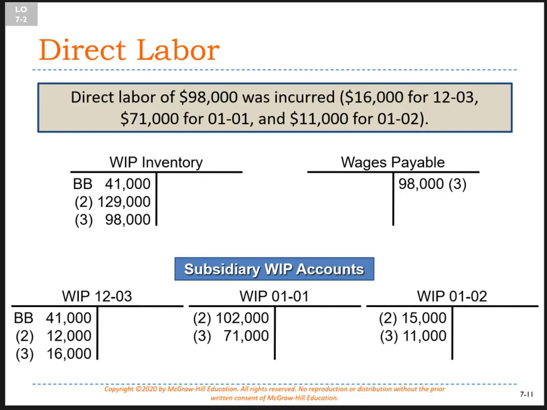How do we know what those are? We're going to have time cards. We're literally going to track in the computer which job employees are working on, so that when we pay them, we can allocate it to the job accordingly. So far we've just done direct costs, based on time cards and based on requisitions showing what was used.